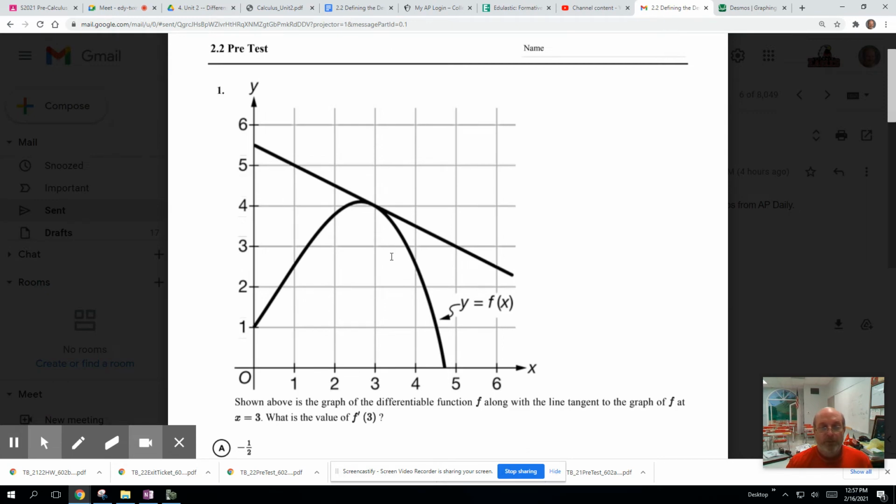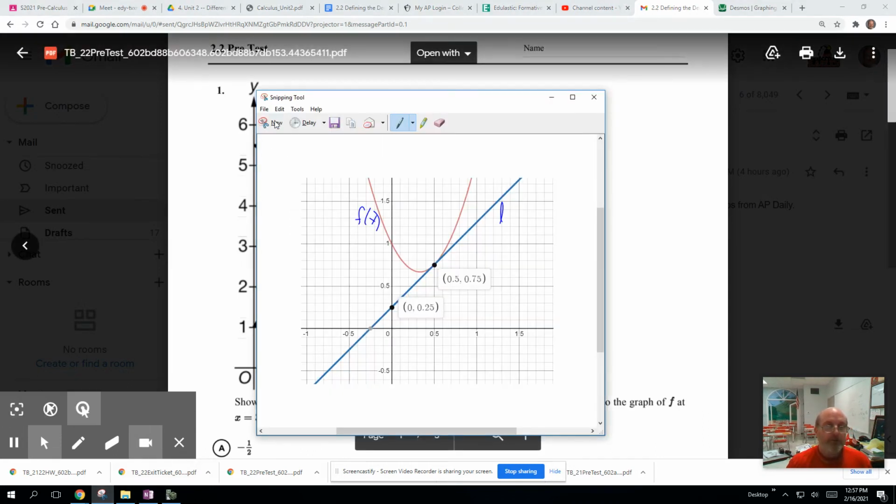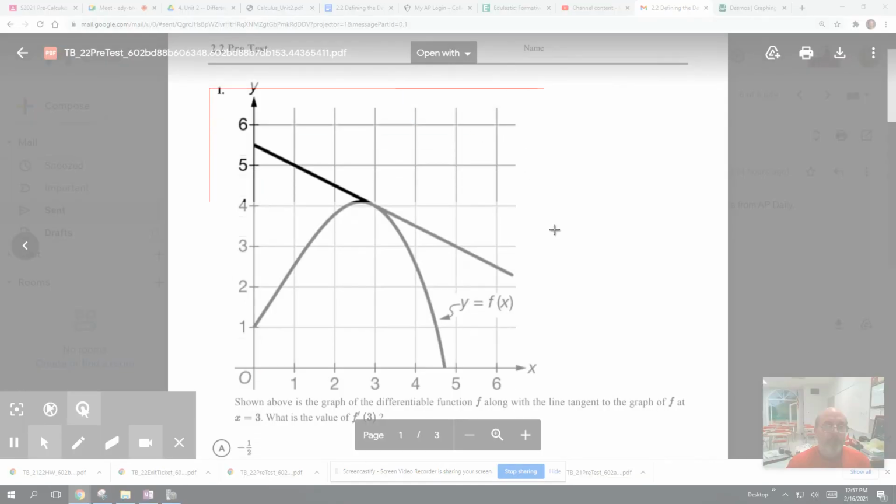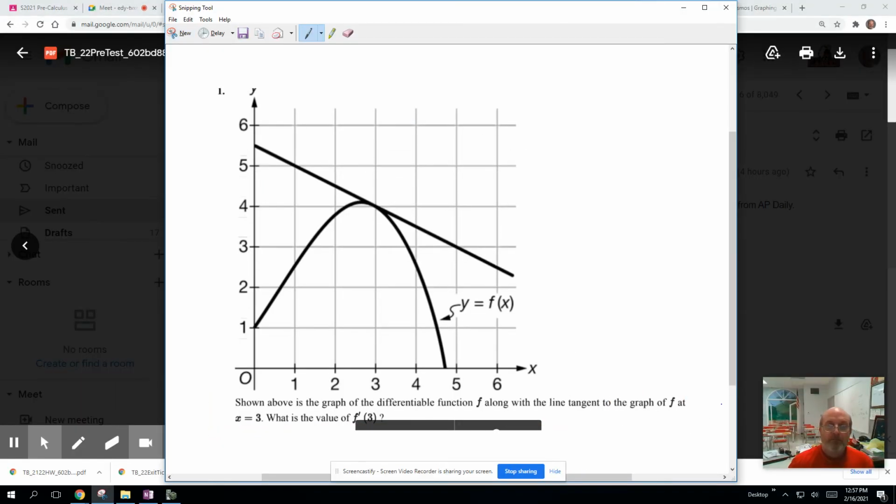So to do that, you're going to calculate the slope of this line. I have a point here at 5, 3. I have a point here at 1, 5. Let's go ahead and do this. This is the point 5, 3. This is the point 1, 5.